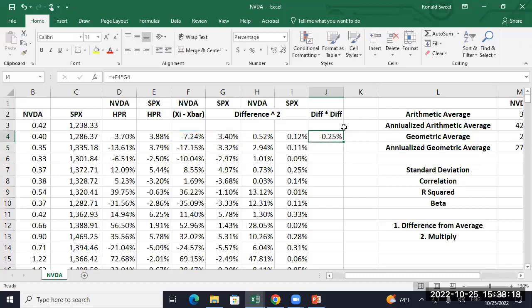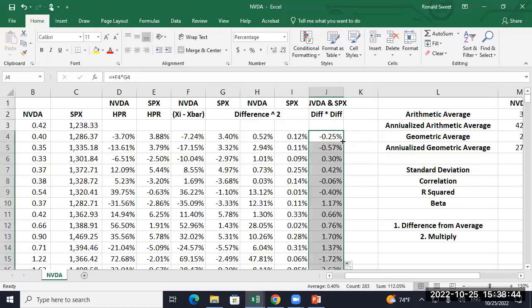Y'all see the difference? Standard deviation, you only have one asset class. You take the difference, you square it, whether it's S&P or NVIDIA. When you have NVIDIA and the S&P, then you multiply the two differences by each other. We take that down. But the formulas still look really similar, right? You subtract first and then you multiply.